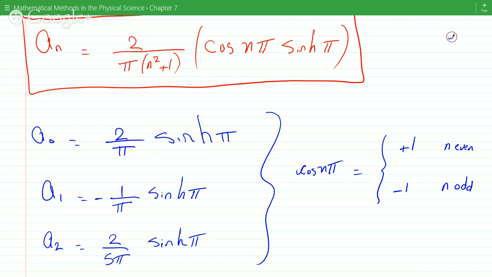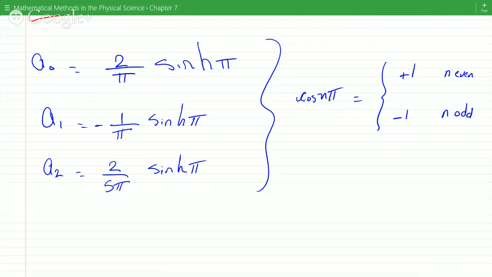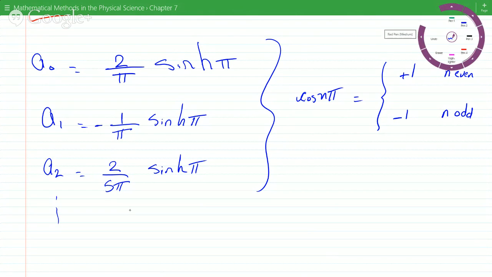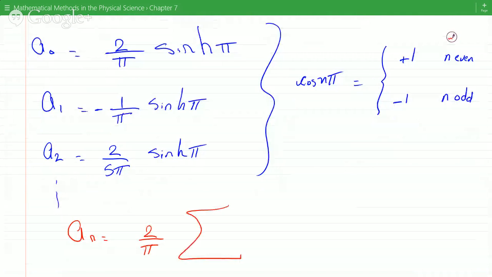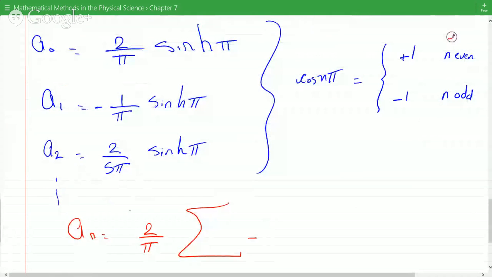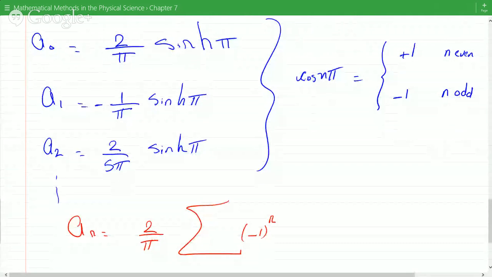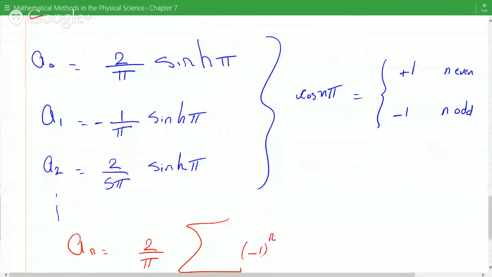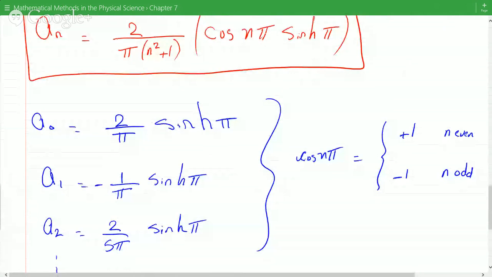Okay. So we could rewrite a of n, if I were to keep on going here, as 2 over pi, the summation of minus 1 to the n, because cosine n pi is nothing but that, times 1 over n squared plus 1.